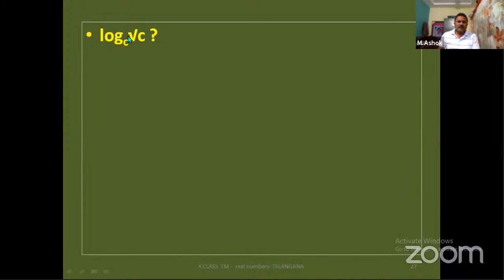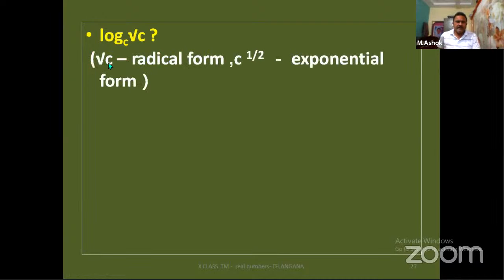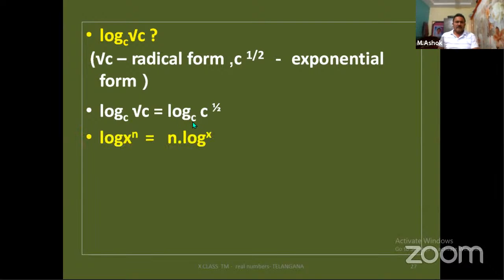So log square root c base c. Here square root c is the radical form, and if you write c to the power of 1/2, it is the exponential form. So I am writing log root c base c is equal to log c to the power of 1 by 2 base c. Based on the power rule, the formula is log x to the power of n is equal to n into log x.